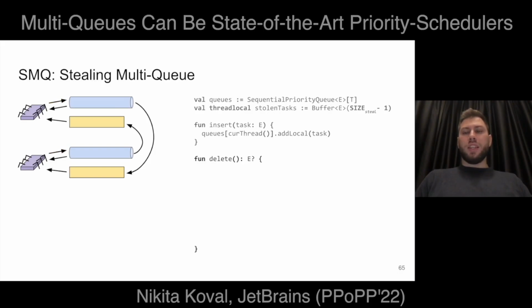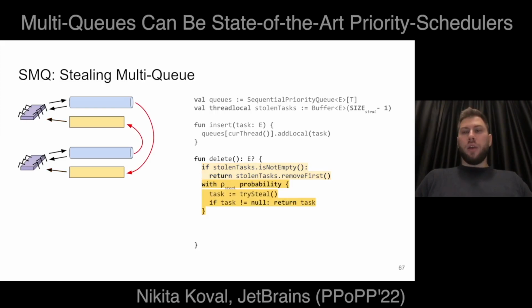However, the delete procedure is more complicated. First of all, we check whether the buffer of the stolen task is empty, and if it's not, we retrieve the first task from the buffer. After that, if the buffer is empty, with the constant p steal probability, we try to steal tasks from another thread, and if the stealing is successful, we return the first task from the stolen ones.